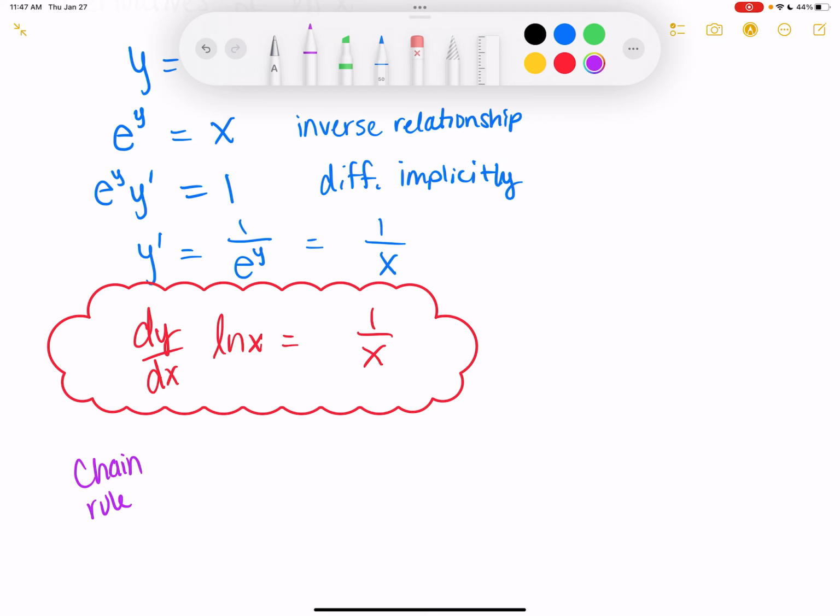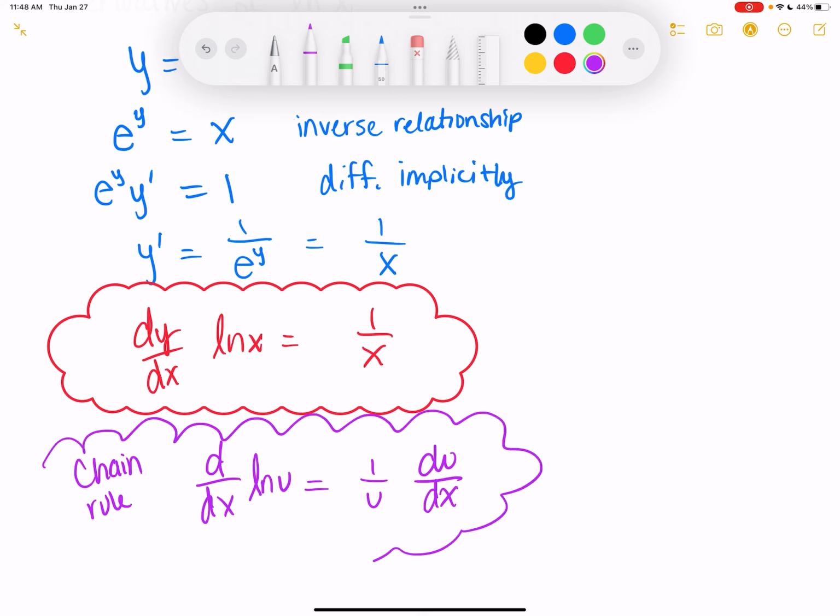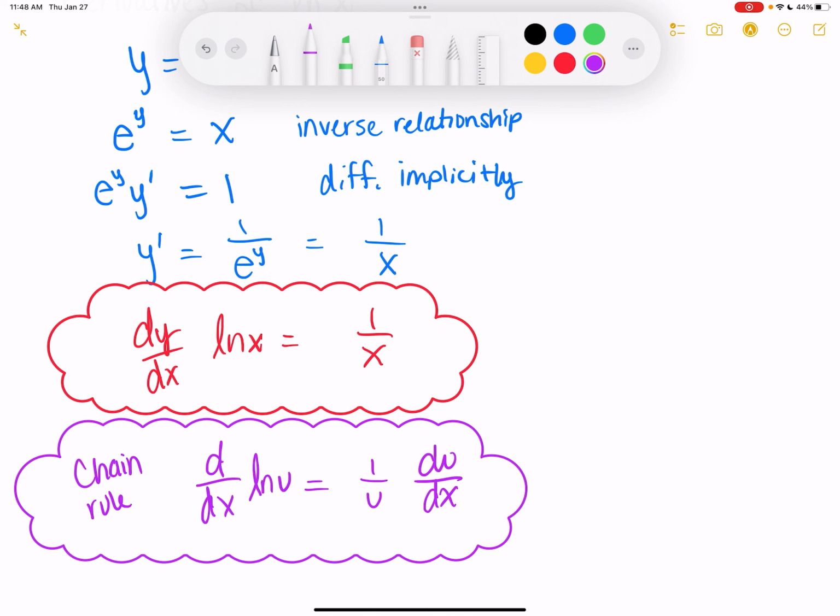So the chain rule, d dx of the ln of u is equal to 1 over u times du dx. So that's your derivatives if you have a natural log.